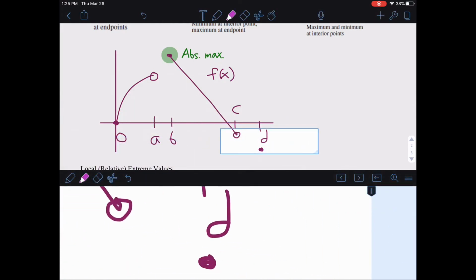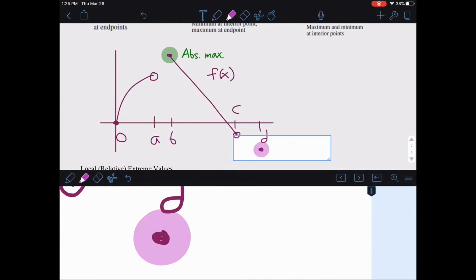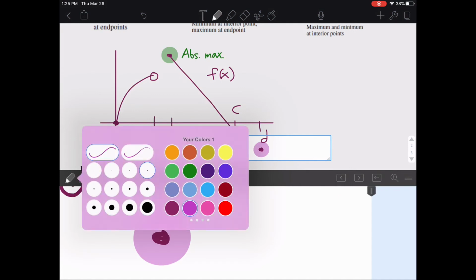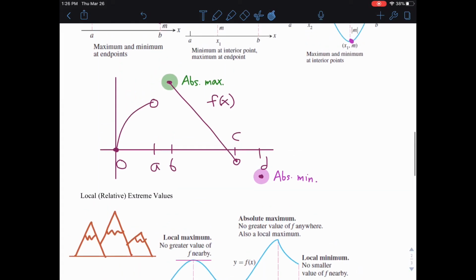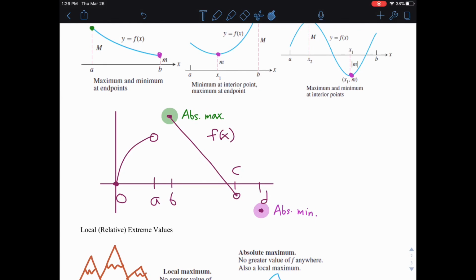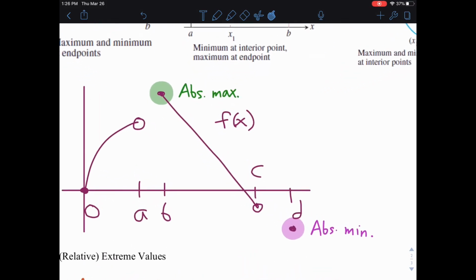Nope. It's actually over here at this point D. That's my absolute minimum value. So, is this graph continuous? No. Is it on a closed interval? No.